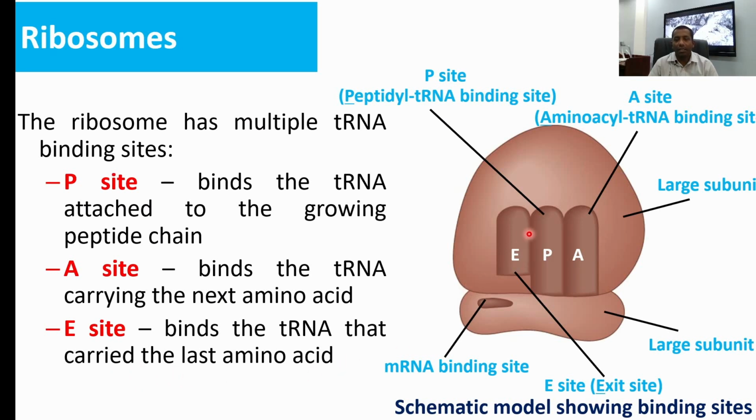Once the amino acid is transferred to the growing polypeptide chain, the tRNA moves to the E site and gets detached from the ribosome.